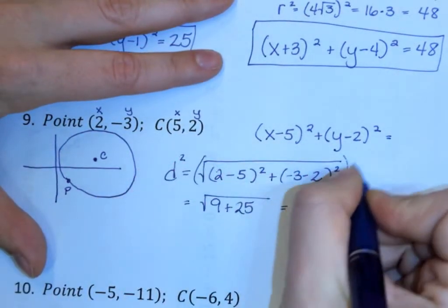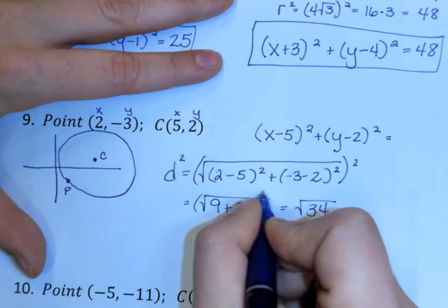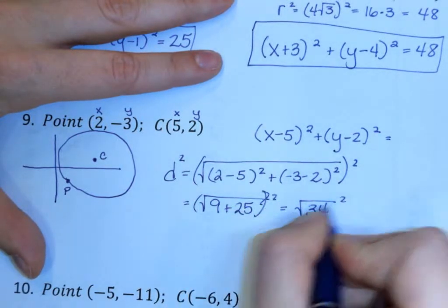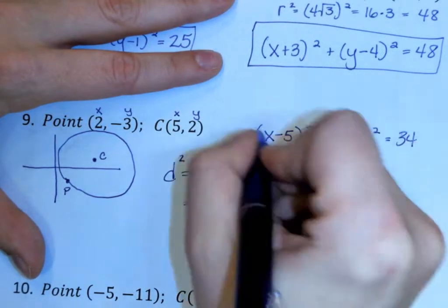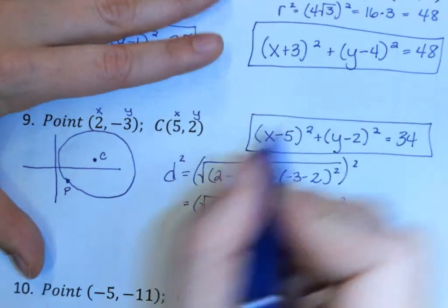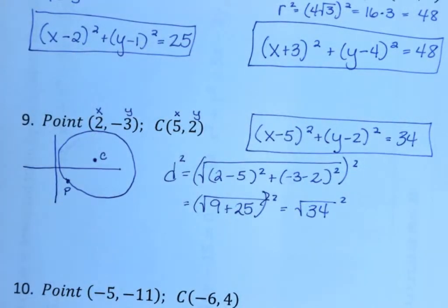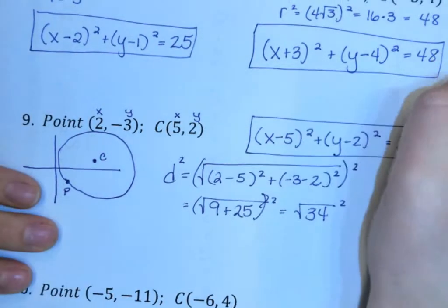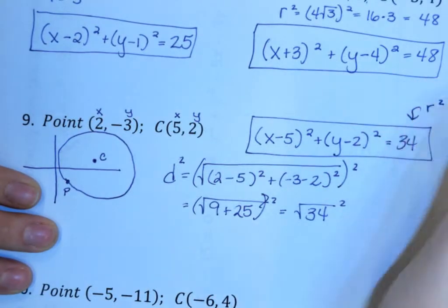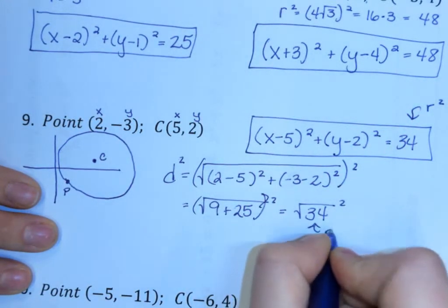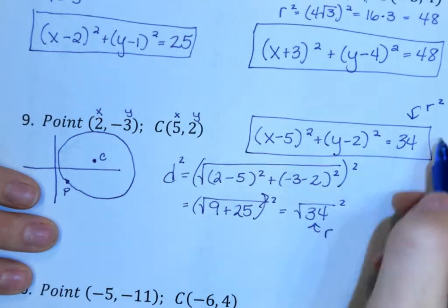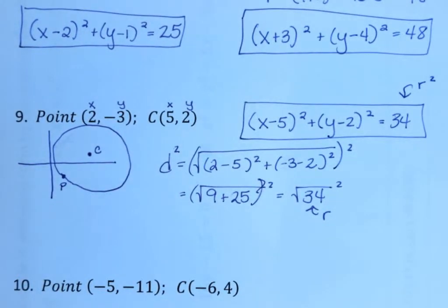Sometimes it's easier to think about it this way and just say equals 34. Because this here is your radius squared. Square root of 34 is the radius. So square that and there you go.